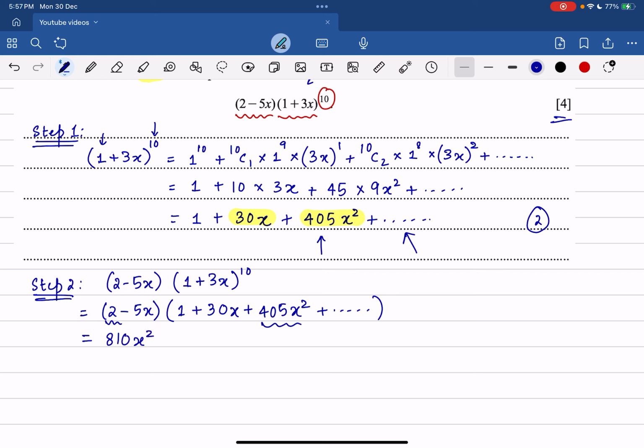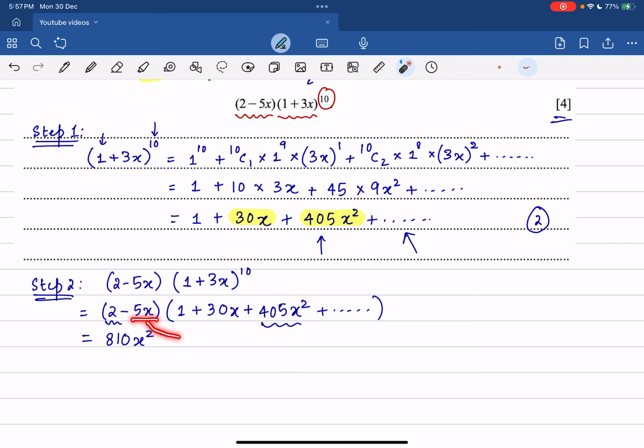Okay. Now let's look at the same thing with 5x, rather minus 5x. Minus 5x multiplied with 1 gives me minus 5x. Okay. Then minus 5x multiplied with 30x, 3 5s are 15. So that gives me minus 150x square. Woohoo! So that is what I am interested in.